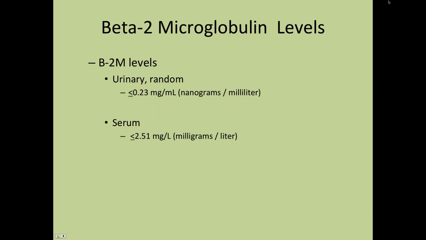In urine, it's less than 0.23. In serum, less than 2.51. I always say trending high is over 2. High is above 2.51. And if that number is over 2.5, you definitely have probably some kind of mercury or metal toxicity. So this is a great marker for metal toxicity, which also obviously triggers inflammatory signaling.